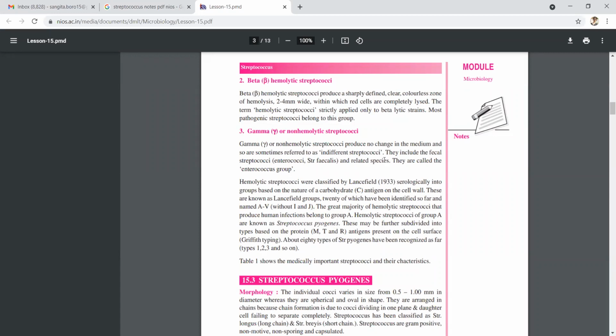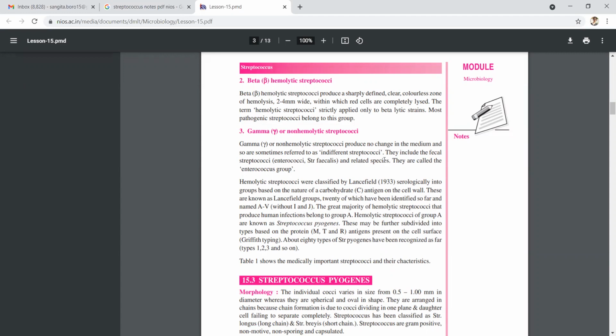The great majority of hemolytic streptococci that produce human infection belong to group A. Hemolytic streptococci of group A are known as Streptococcus pyogenes. This may be further subdivided into types based on the protein antigens M, T, and R, which are present on the cell surface.